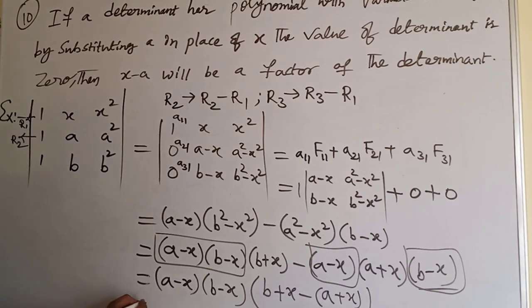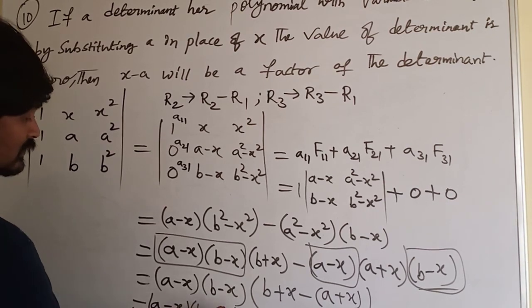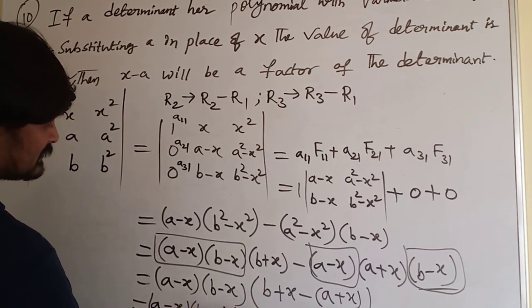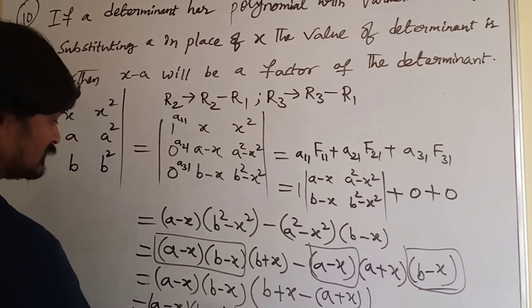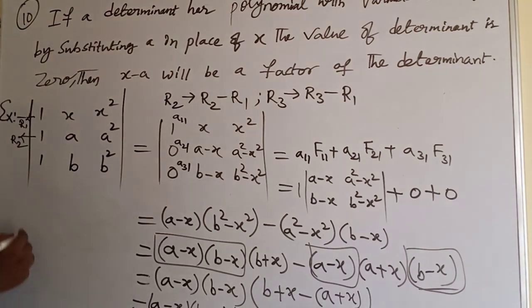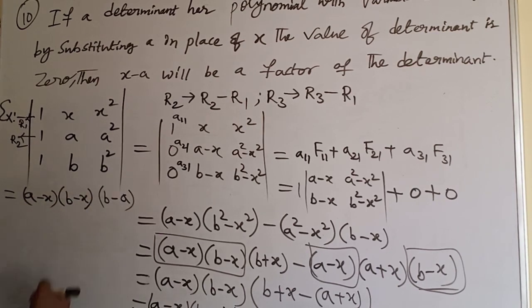So when you do this, a minus x into b minus x into b plus x minus a minus x. x gets cancelled. At last you get the answer a minus x, b minus x and b minus a.